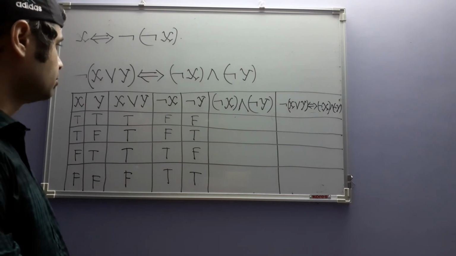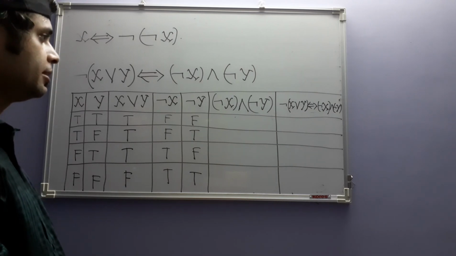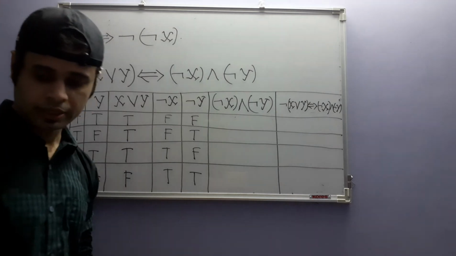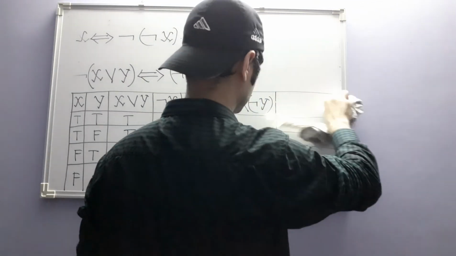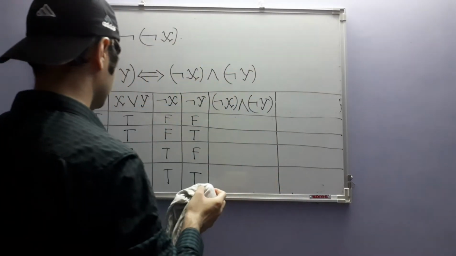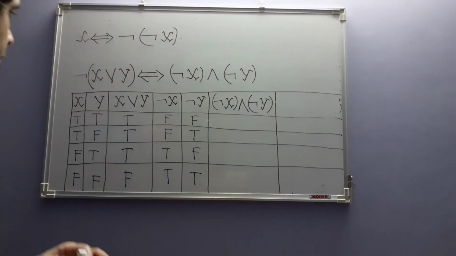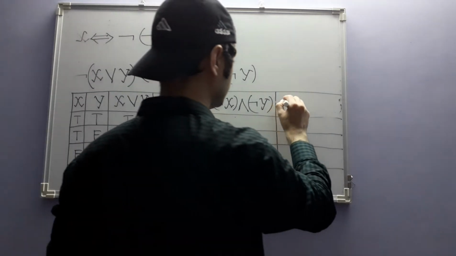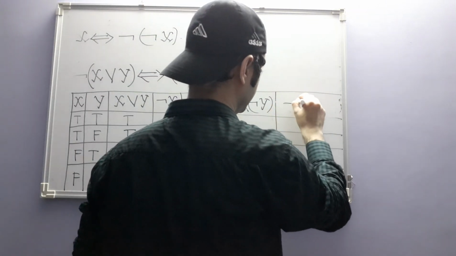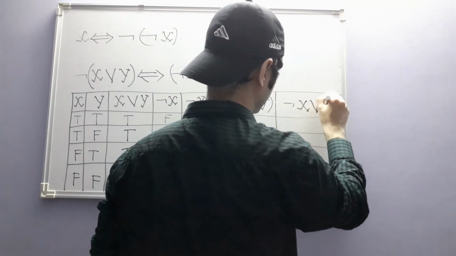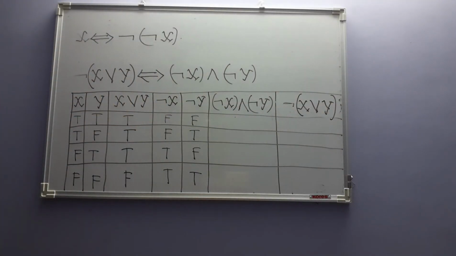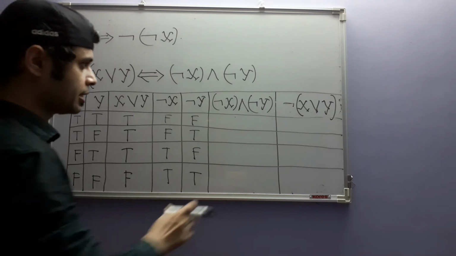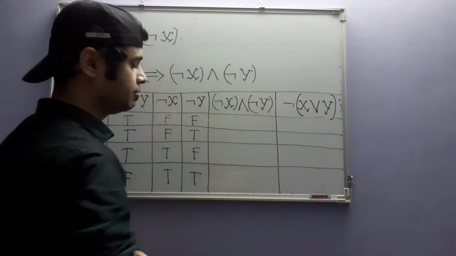I forgot to write one more column. I needed one more column. Okay, instead of this one, now I have to write a lot. Okay, let me just write negation of X or Y here, so that we can compare these two.